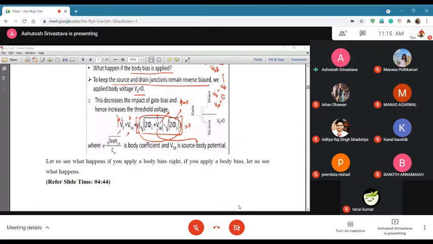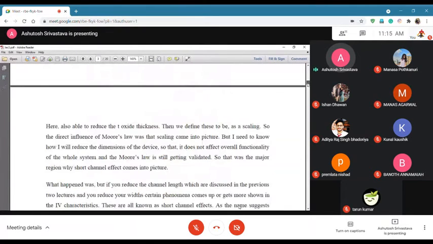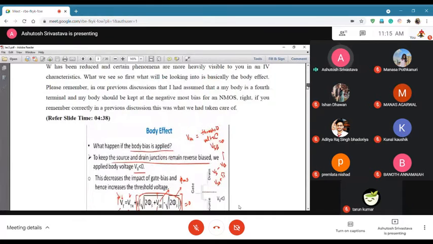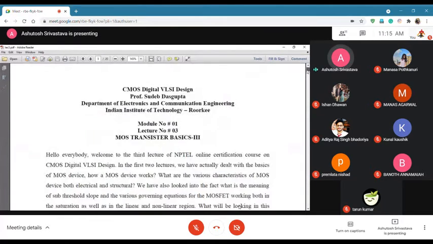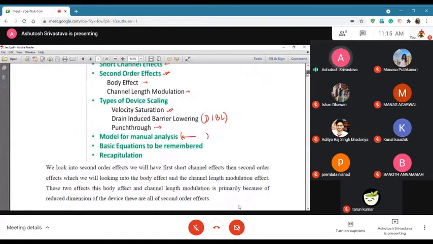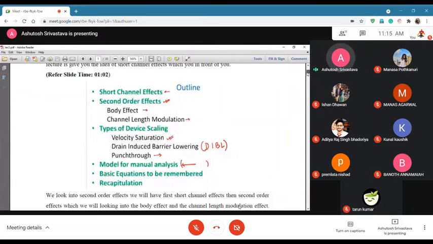Great. So I think let's start from where we finished. Essentially, the important concepts that would be introduced in this MOSFET transistor are the following. The first one is the short channel effects.